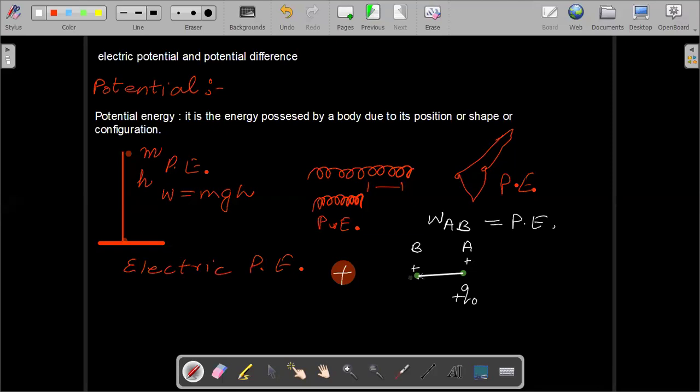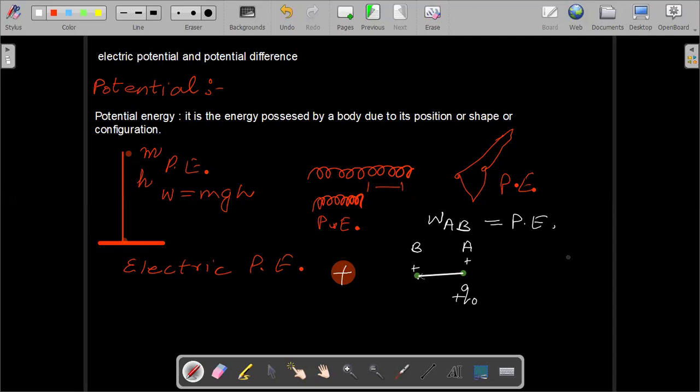Just similar to the gravitational potential, if you release the stone or mass from here, it will fall downward and gain speed and kinetic energy. The similar thing will happen here also. You pushed it to point B, and if you release it from point B, the charge will travel towards point A. That is, its potential energy will get converted into kinetic energy.